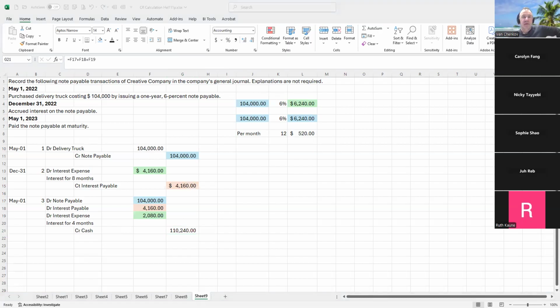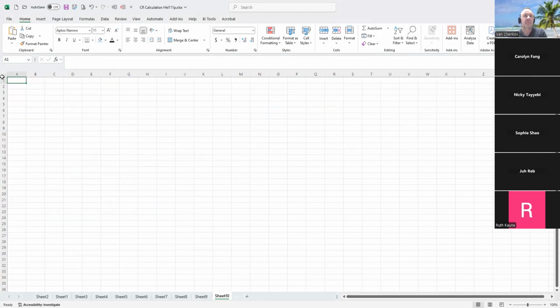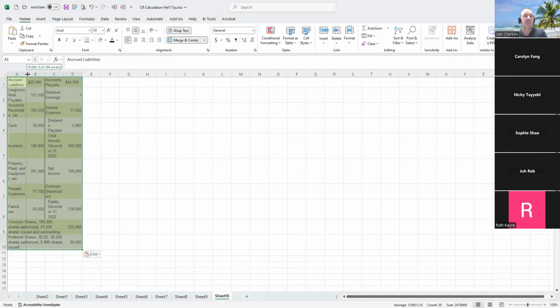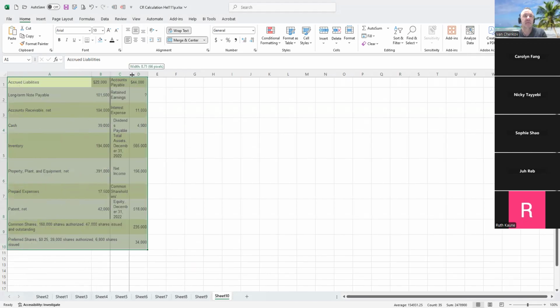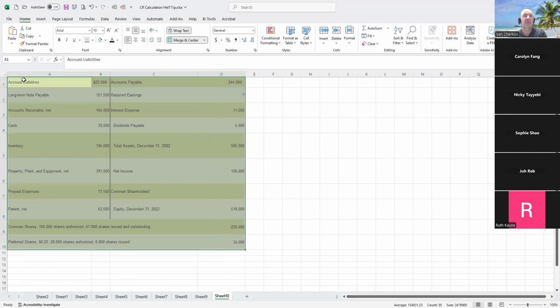Okay, that's this question. Let's see if I can see anything else. Yes, the last thing left is the balance sheet. That will be the last thing. Let's do some modification here. Luckily, the numbers are not so bad.